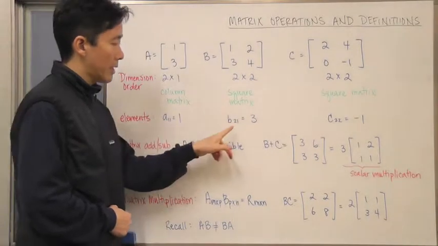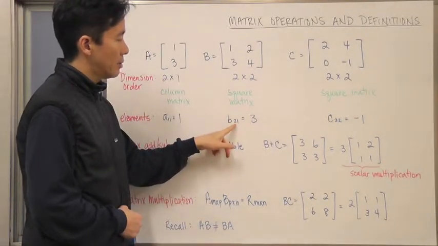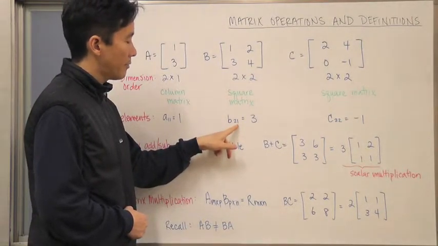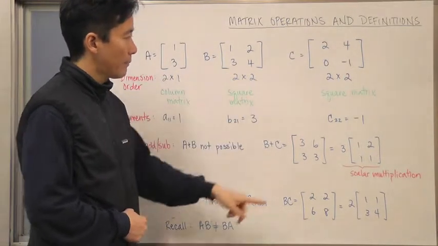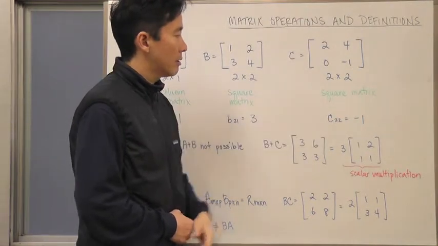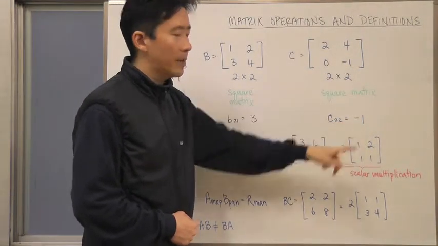If we take a look at the matrix B, notice the element 2, 1, which corresponds to the second row, first column element, is actually going to be 3. And for the C matrix, we can call -1 the second row, second column element.